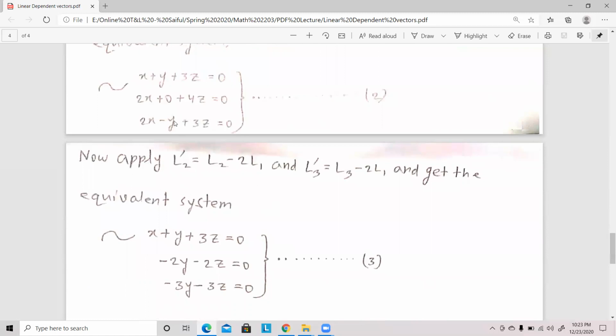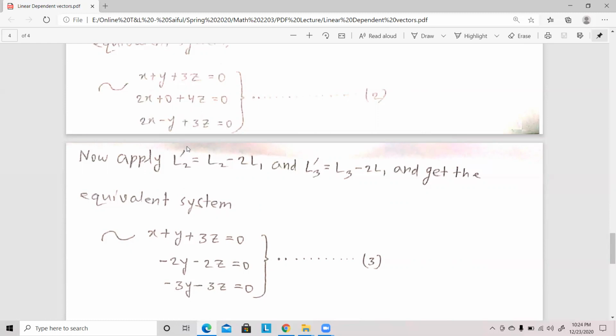Now, to convert this system into echelon form, we have to make these first components 0. So to make it 0, the operation taken is L2 prime equal to L2 minus twice L1. That means L2 prime, that is the new L2, new line.